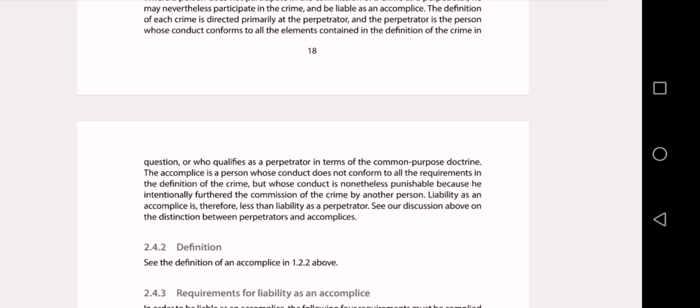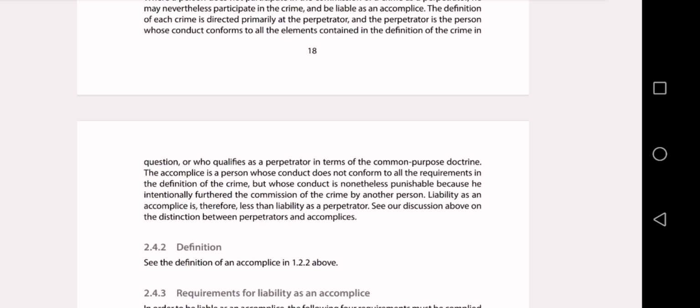In terms of the common purpose doctrine, the accomplice is a person whose conduct does not conform to all requirements in the definition of a crime, but whose conduct is nonetheless punishable because he intentionally furthered the commission of the crime by another person.